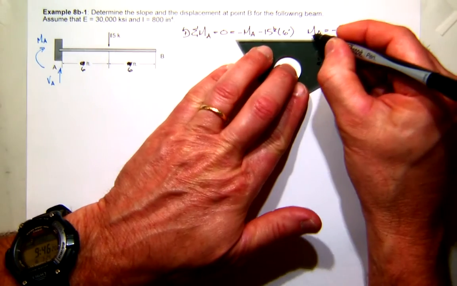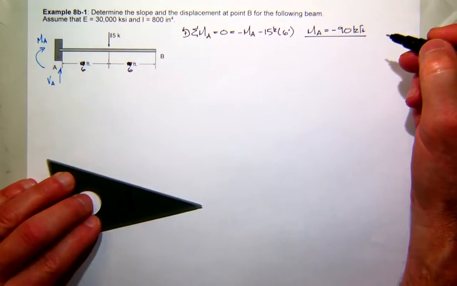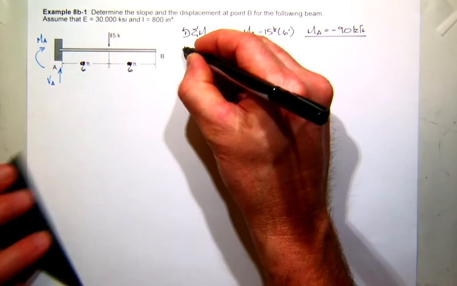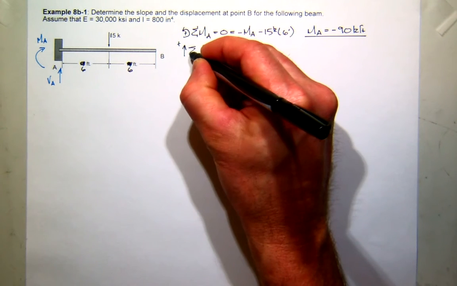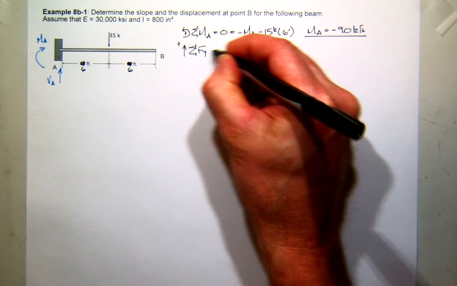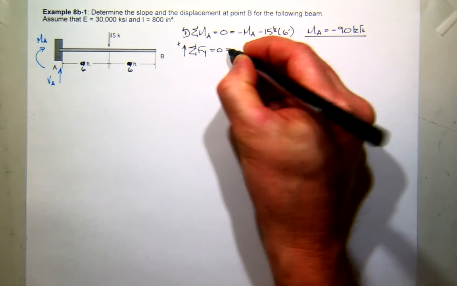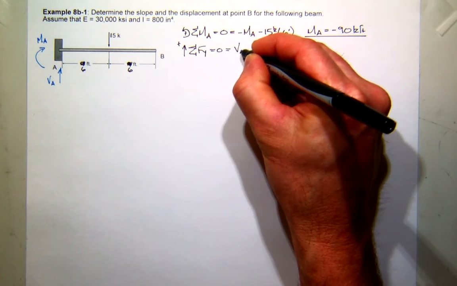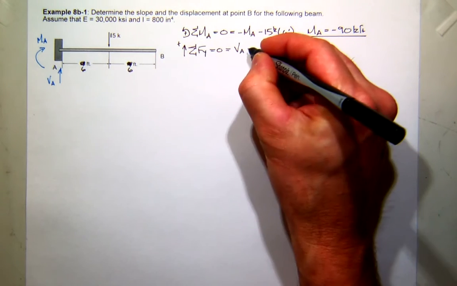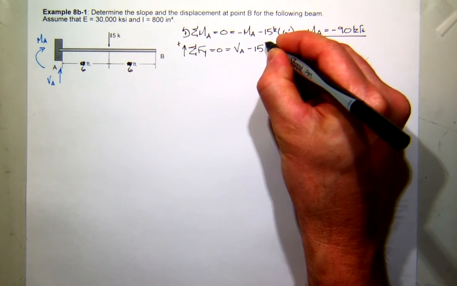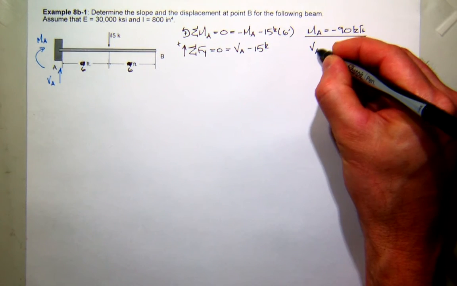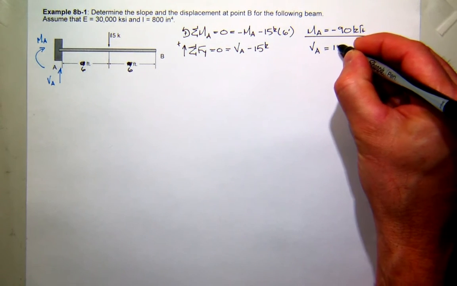Did you guys do that for homework? Yeah. Okay, and then we'll sum forces in the y direction. This is a pretty easy equation to solve. So I have my shear at A acting up, and then this 15 kips acting down. So the shear at A is 15.